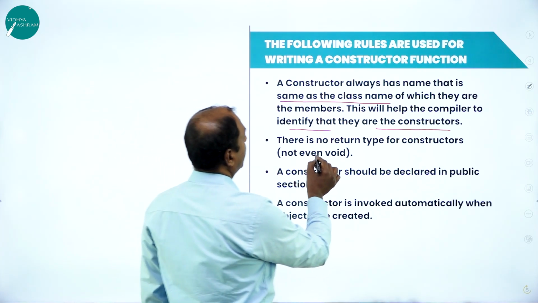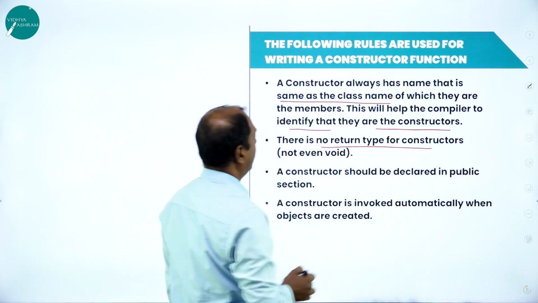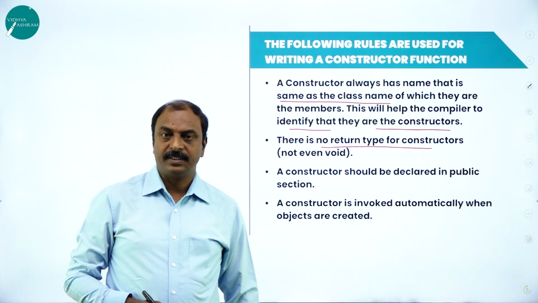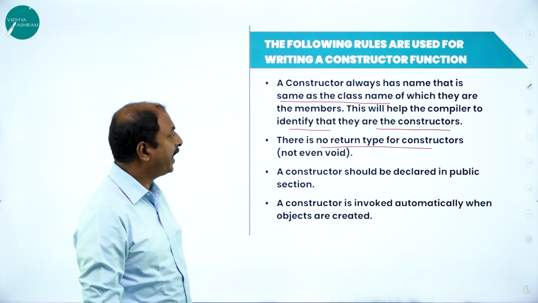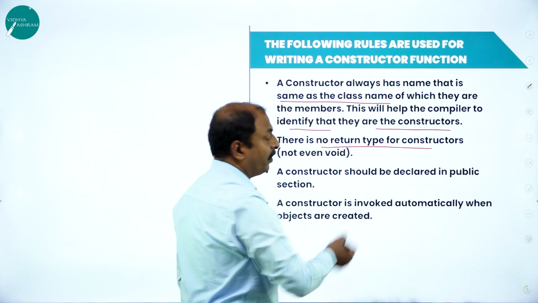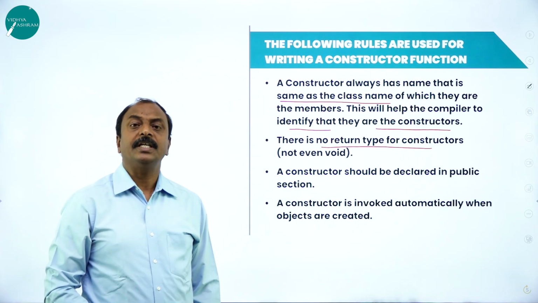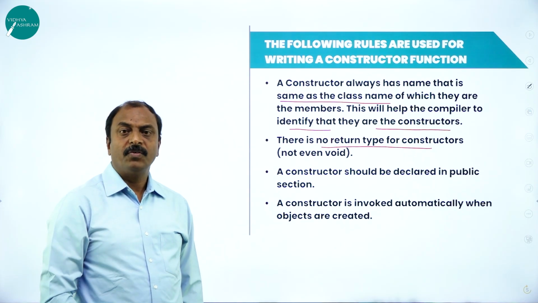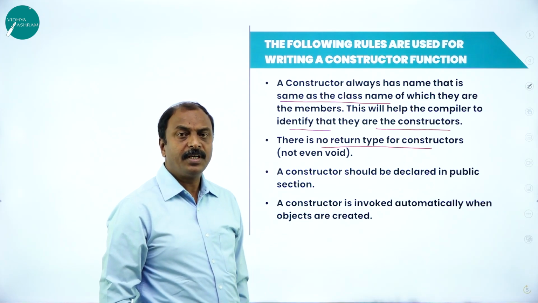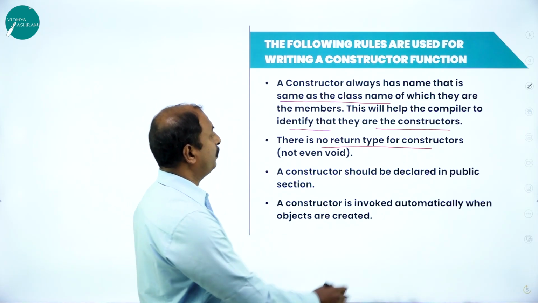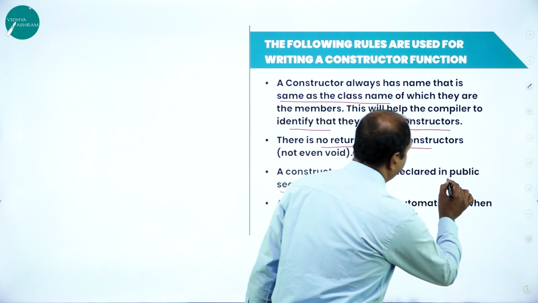There is no return type for a constructor. Constructors do not return any value, contrary to functions, each and every one of which will return a value. And it should be declared in the public section.